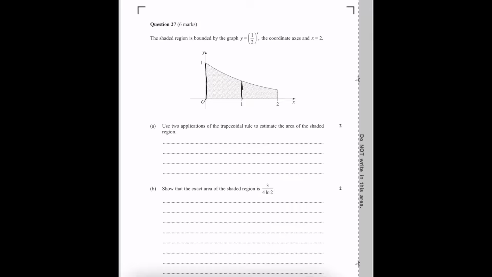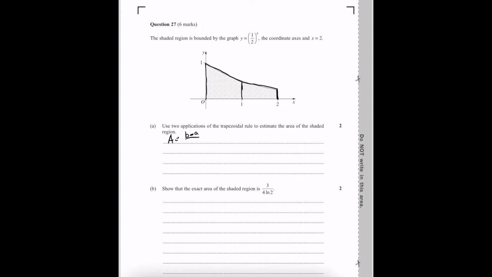And using two applications means that we take two different parts. So these three lines here, and we connect them to make at least two trapeziums. And the area that we're calculating with the trapezoidal rule is the area of both these trapeziums.